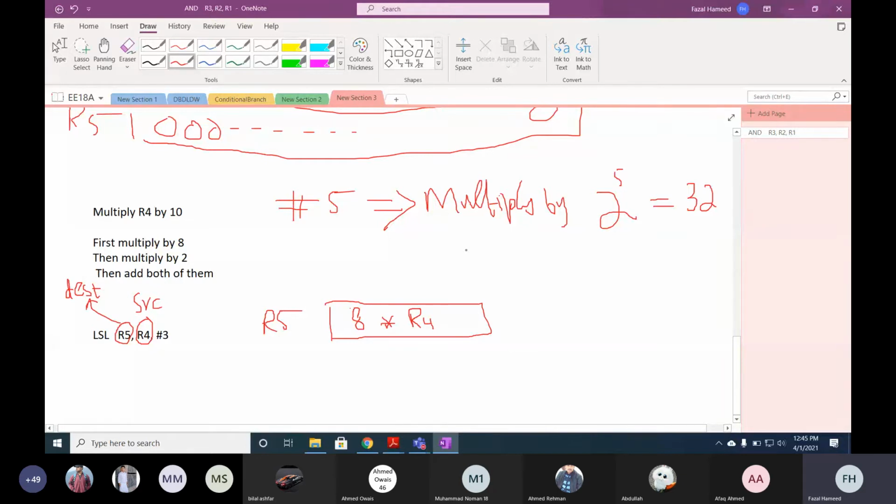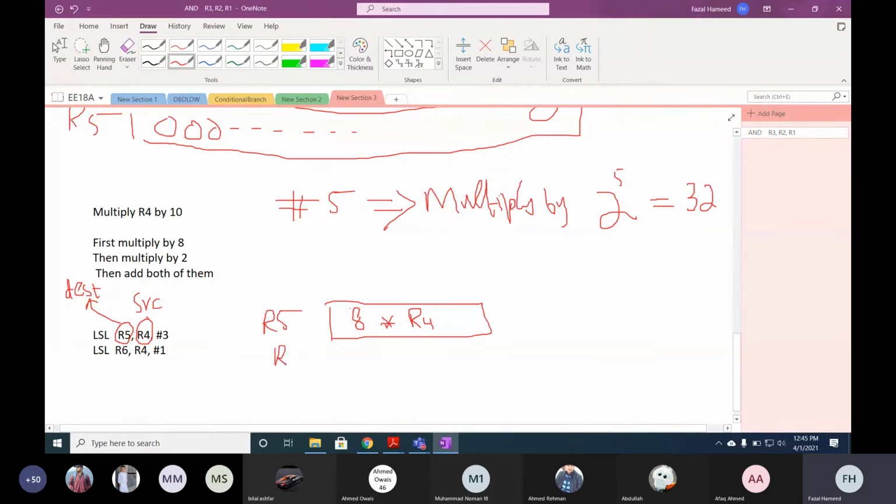Yes, sir. Now if you write another instruction, logical shift left R6, R4, hash 1, what are the contents of R6?